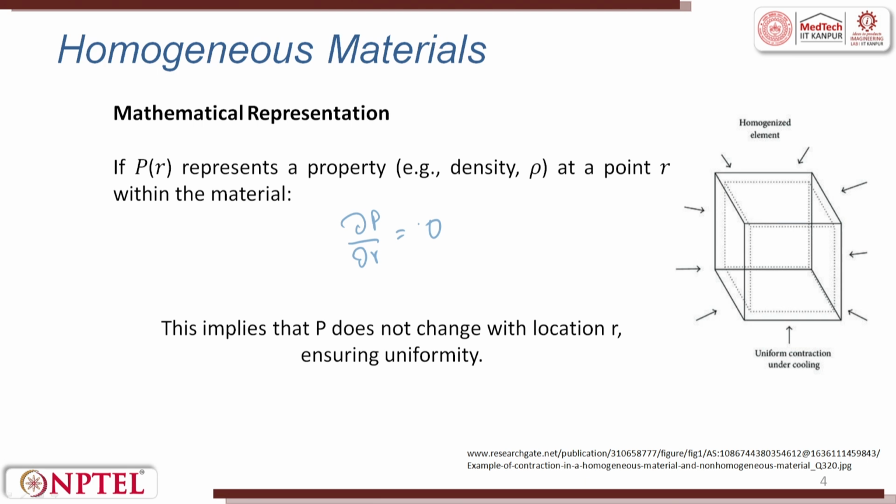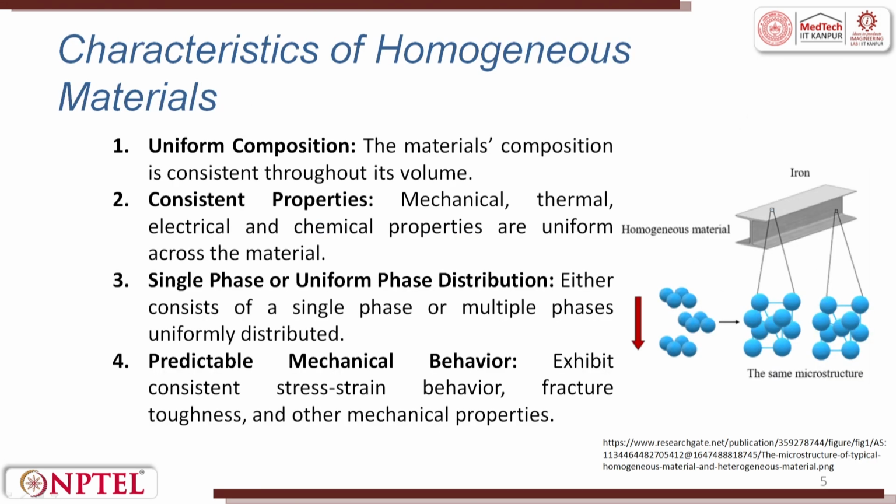This implies that P does not change with location R, ensuring uniformity. So, you see here a homogeneous element, the pressures are applied and you can see uniform contraction happens under cooling in all the directions.